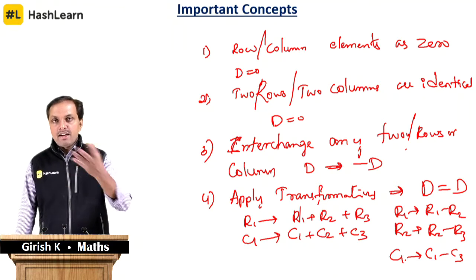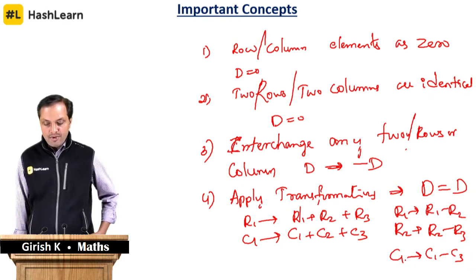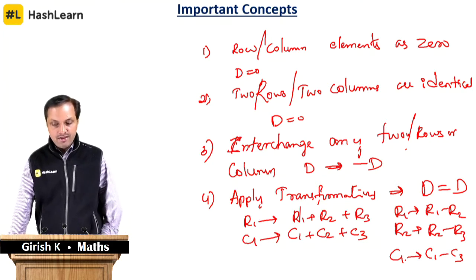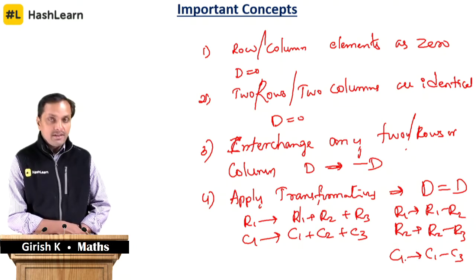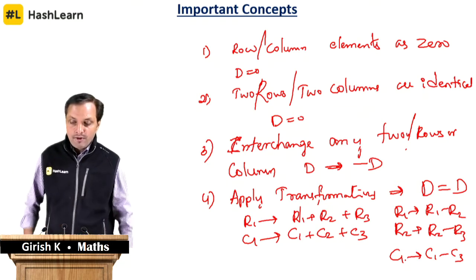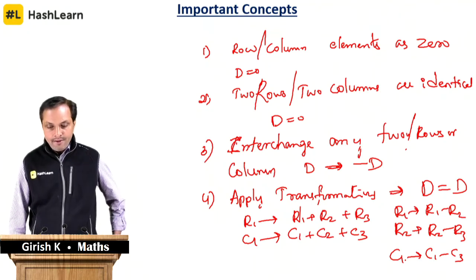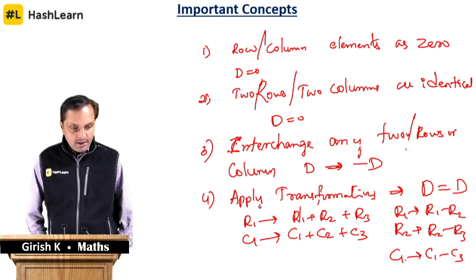These are the various transformations you would have learned. When you apply these transformations, the value of the determinant is not going to change. These were the few properties of determinants which you should follow while solving problems on determinants. With this concept we shall start the problems.